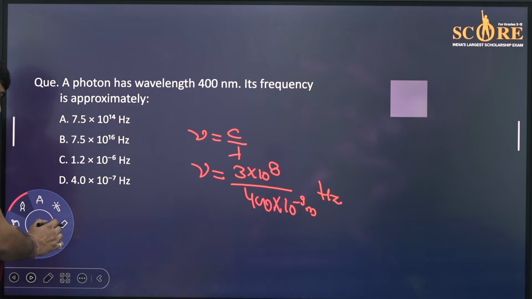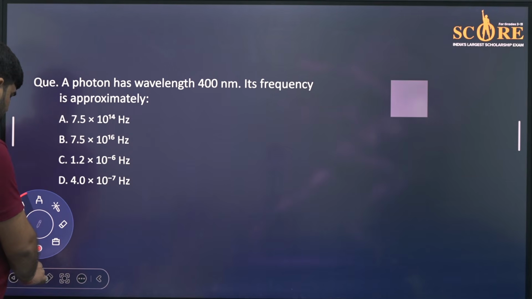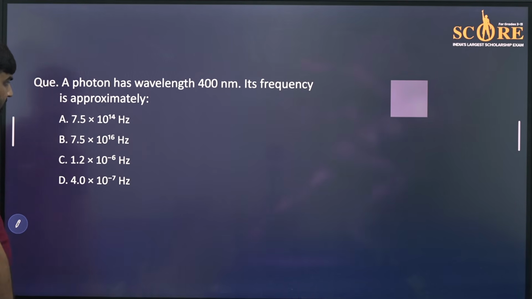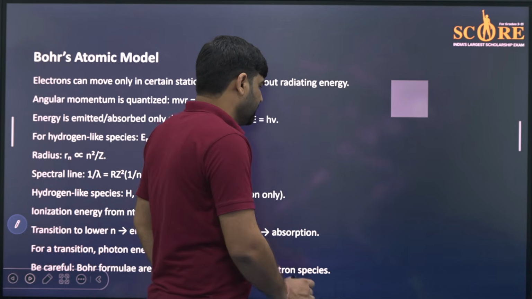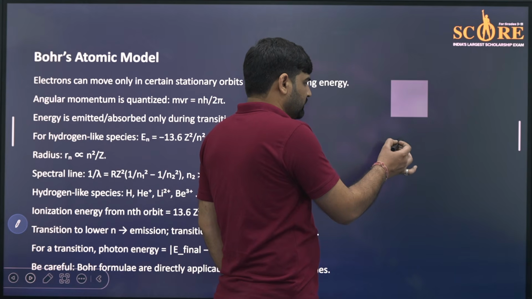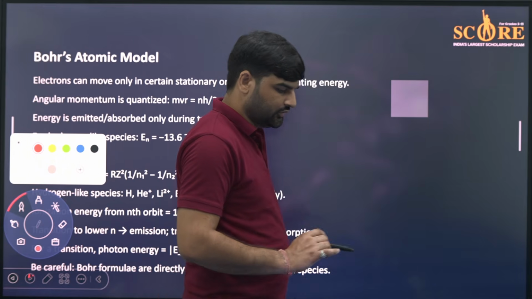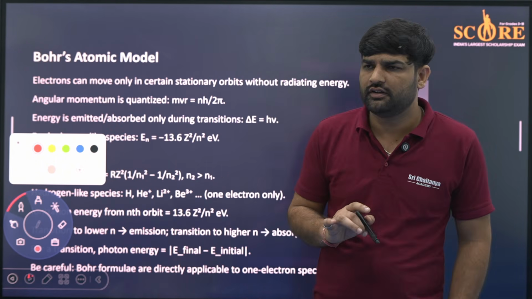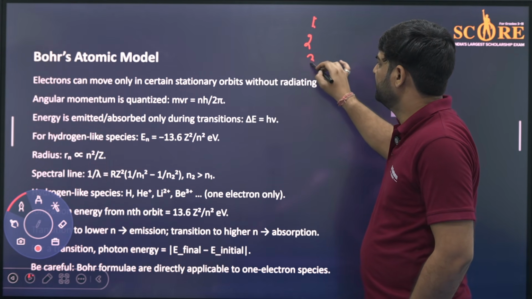Next, Bohr's atomic model. Beta, Bohr told some points regarding his model. Bohr told 3 points, point 1, point 2 and point 3.